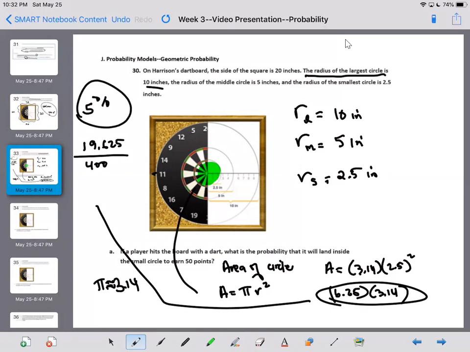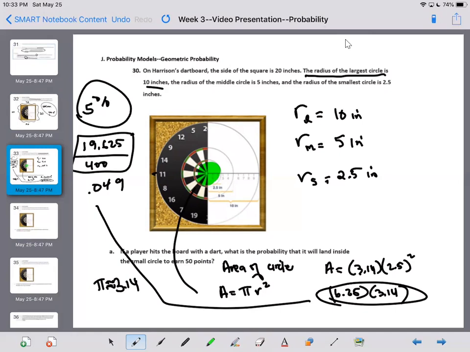When you take 19.625 divided by 400, because 400 is your total area and 19.625 is the area of the smaller circle, you get something you can approximate as 4.9%, or approximately 5%. Makes sense? It's a small area to land that dart in.